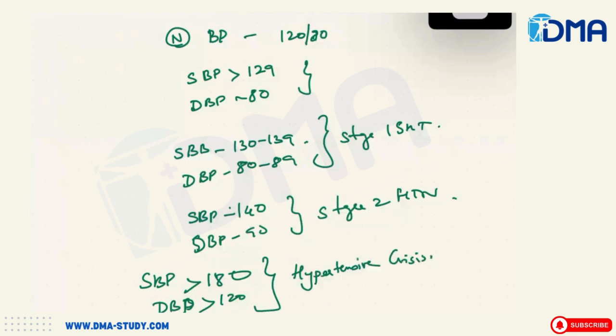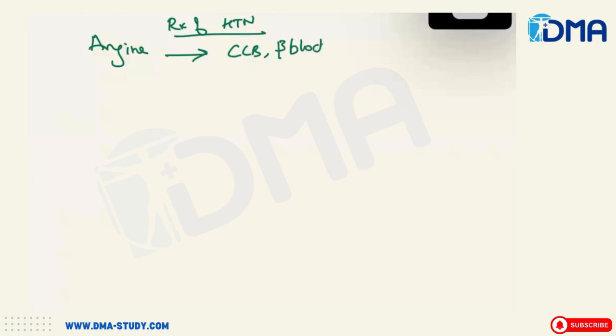So of course, you treat with antihypertensives, right? You give antihypertensives for the patient. If the patient is having angina, what is the preferred drug? You prefer calcium channel blockers and beta blockers.